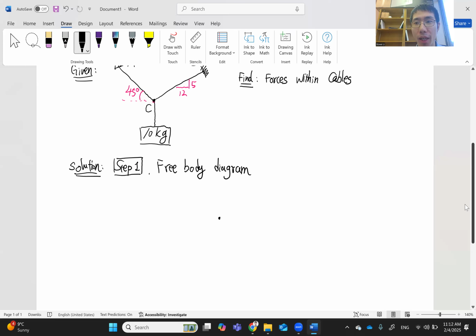How can we think about that? Here I can give you a hint. If you look at point C, the feature we see is that most cables are connected to C, right?